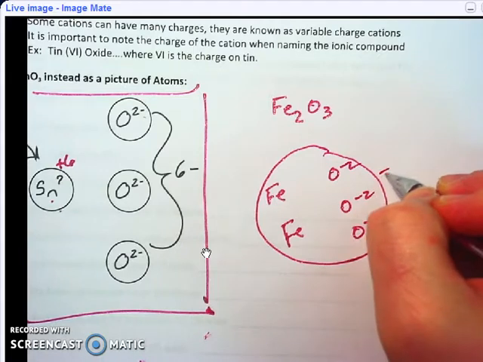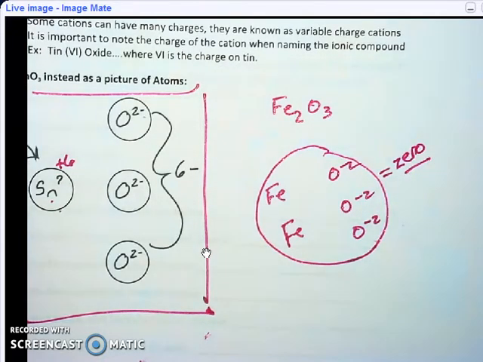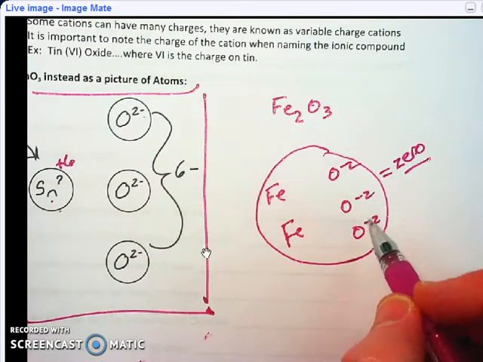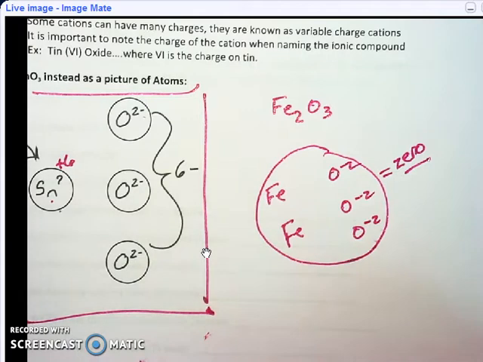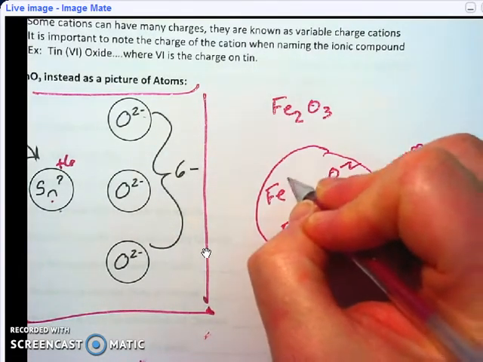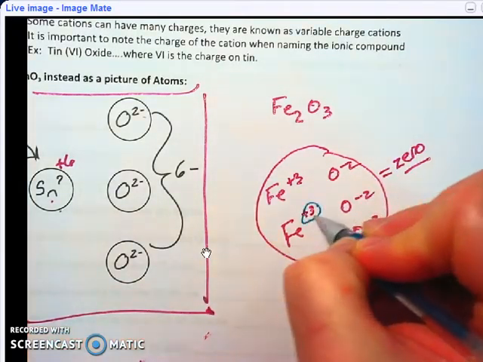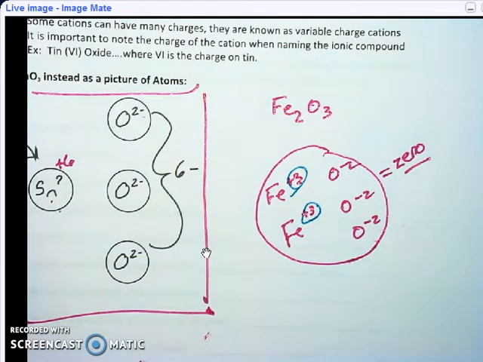And I know the whole thing has to equal 0. If this is a -6, and I have 2 of these, it has to be a +3, doesn't it? So we have to determine what that charge is. They're not going to give it to us.